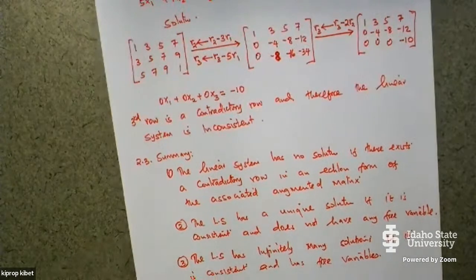That is what we saw in example number B. So these are the three possibilities that we can get for the solution of the linear system.